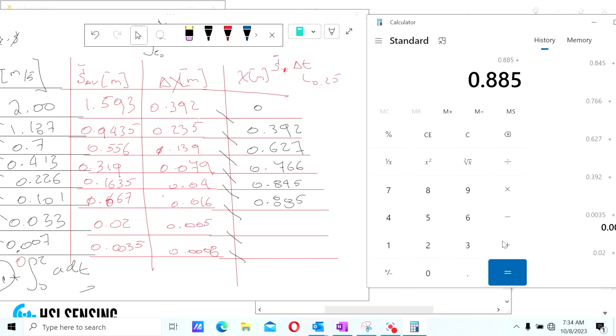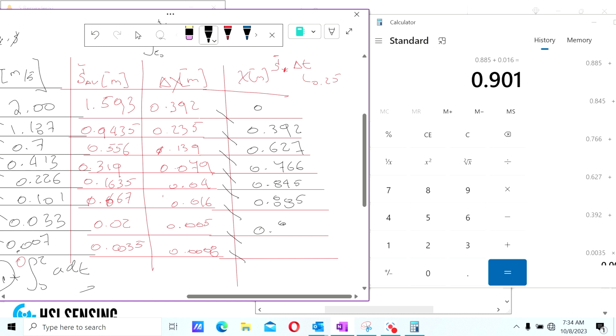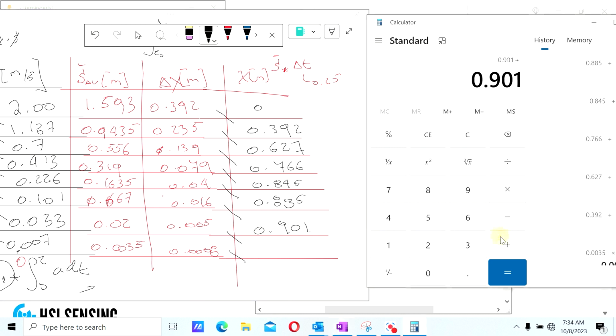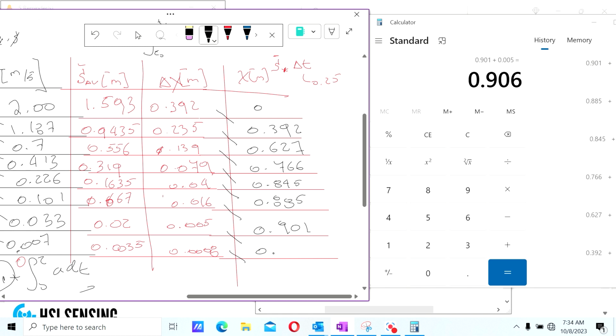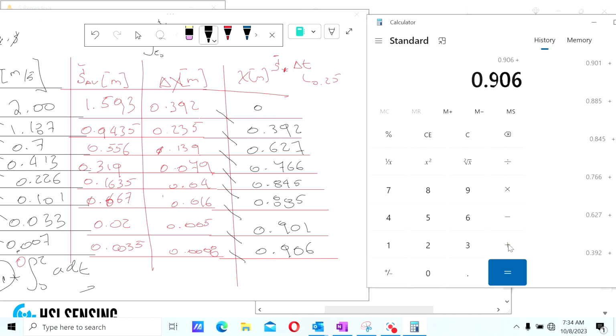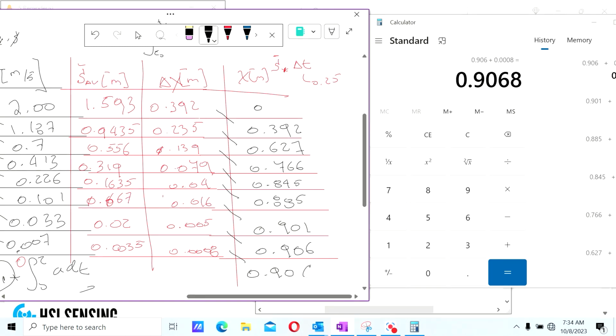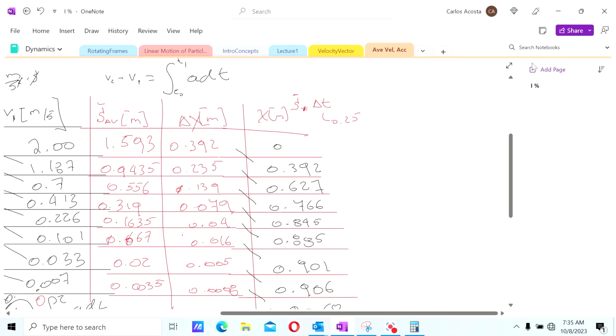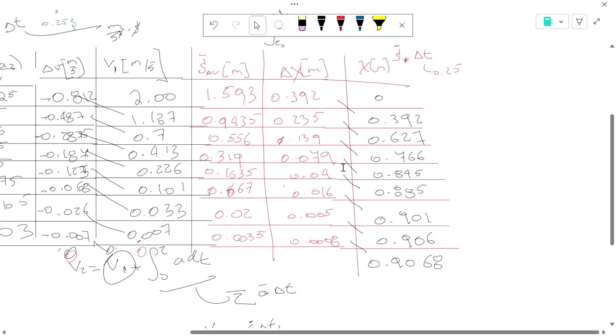Then that plus 0.016, which is 0.901, plus 0.005, which is 0.906, and plus 0.0008, which is 0.9068.